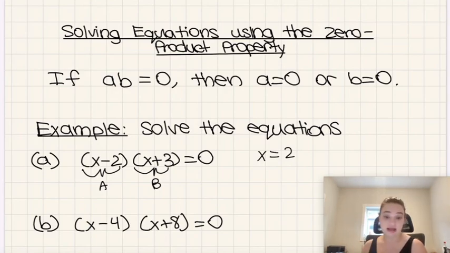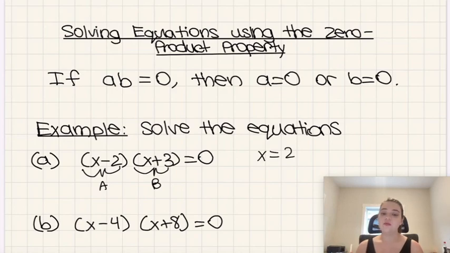We actually don't really care what B is in this case, because as long as either A is 0 or B is 0, then we're good to go. And so as soon as we know that A is 0, we really don't care what B is. It doesn't matter to me if B is 5, which it is, or if B is 10 or 20 or 5 million, because 0 times anything is 0.